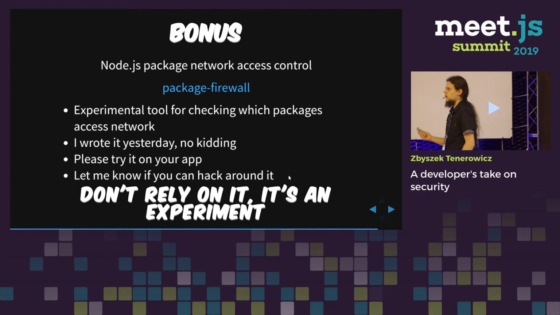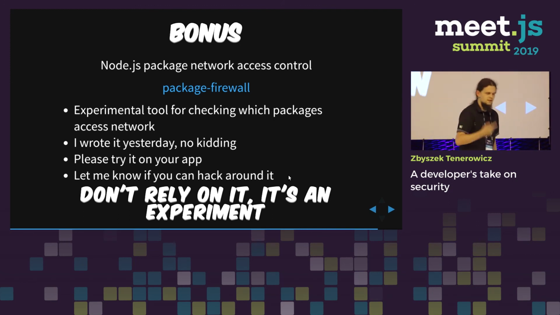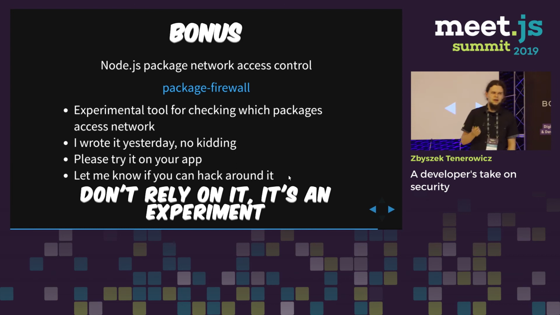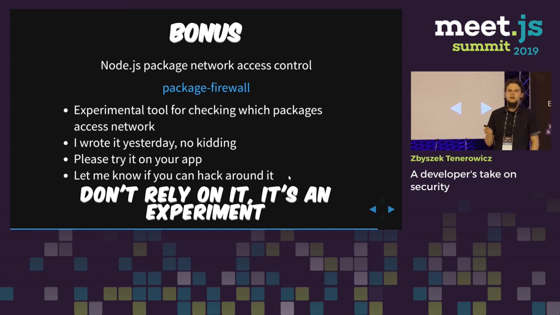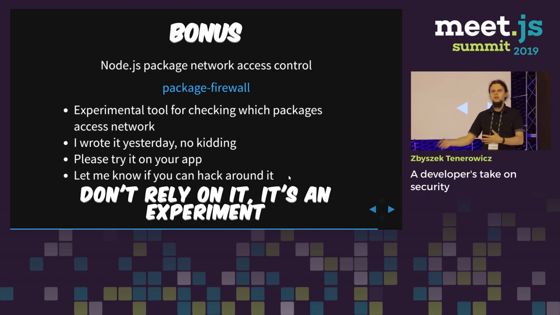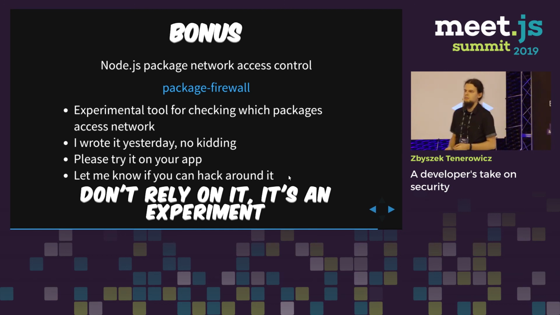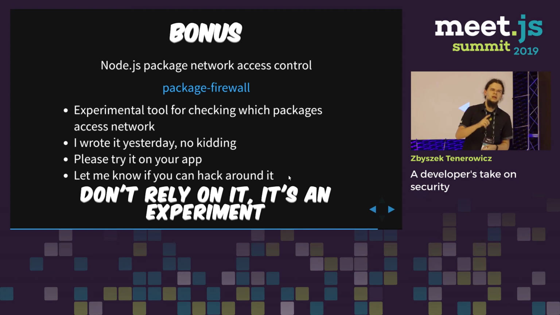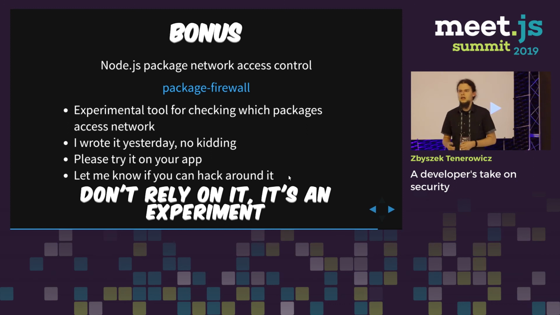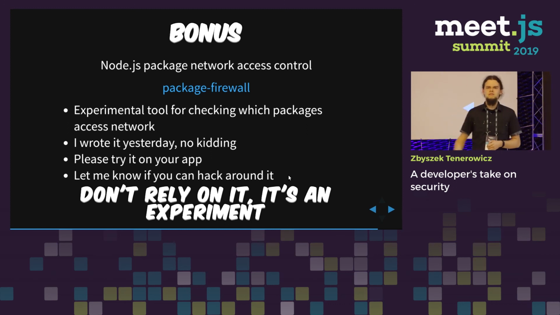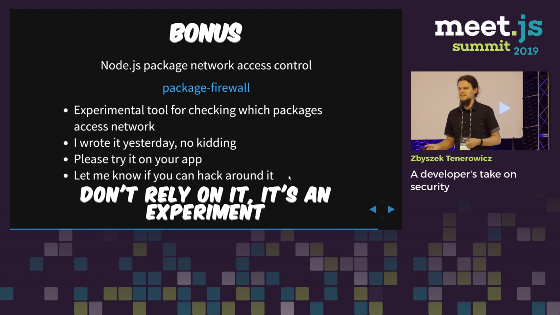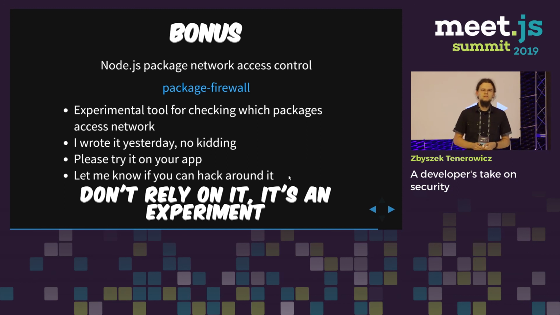OK, and the bonus at the end. So I was on a train, and I had this idea yesterday. So I built a firewall that is capable of recording your app's normal behavior and then blocking any module from making network requests that you didn't observe before. So the idea is if one of your sub-dependencies is leftpad, and the maintainer happens to decide, I want to take process.env, turn it into string, and send it to my server.